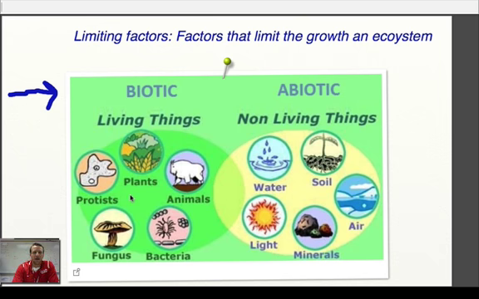So plants, animals, bacteria, fungus, protists, those are all biotic factors because they're living. On the other hand, with a much better line there, abiotic factors are limiting factors that are non-living: water, light, minerals, air, soil. Those are all examples of limiting factors that limit the growth of an ecosystem. Just remember that biotic are living and abiotic are non-living.